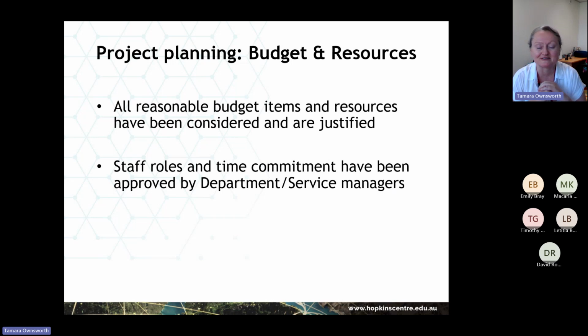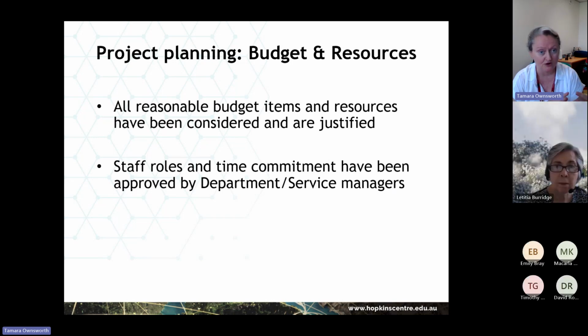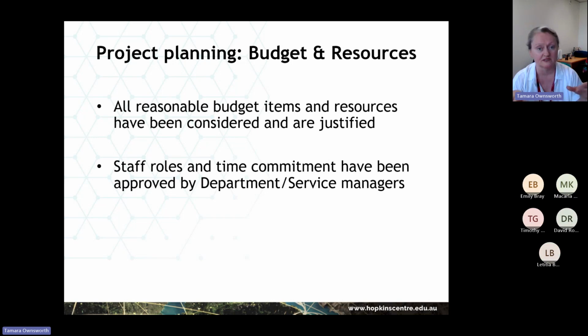And finally, but definitely not a small issue, very early on in your planning, it's really important that you talk to your department or service manager about staff roles and time commitments, not only your own if you're the CIA, but of the team members who are part of your service.